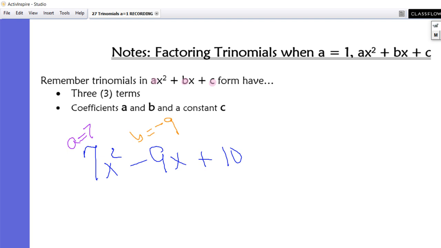And our value for c, our constant, doesn't have any letter with it. It is a positive 10. Okay, so that's one where we did ABCs, and again, this is just a quick review of what we did last unit. And let's see if we've got a trinomial that looks like this.